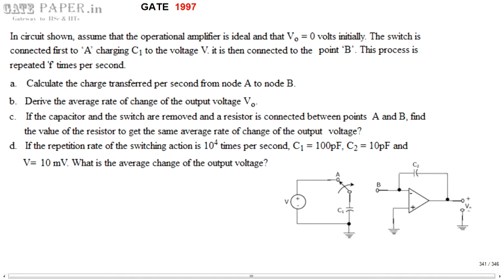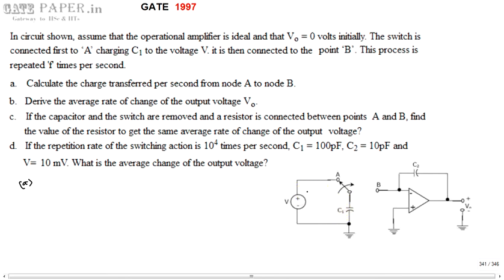Okay, so first one we can say like this. A. We are going to calculate the charge transferred per second from node A to node B. It is given that initially V0 is equal to 0 and capacitor C1 is connected to point A such that the total voltage V is going to be stored by this capacitor C1.